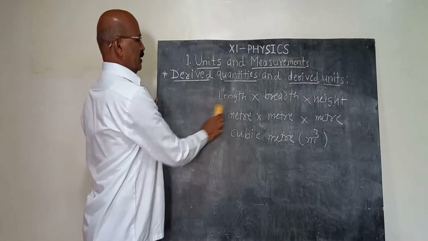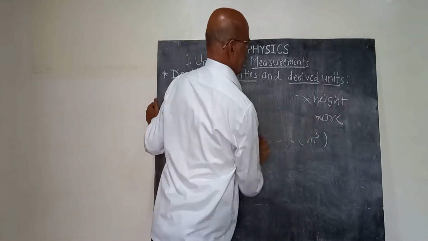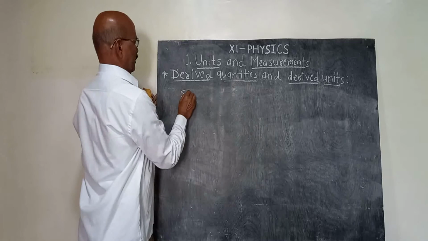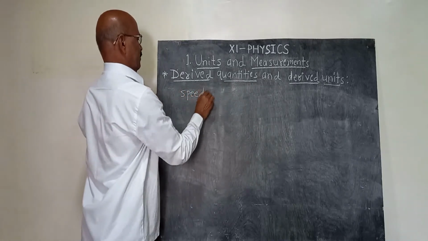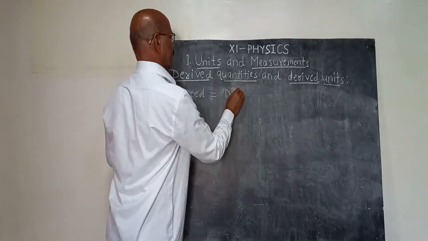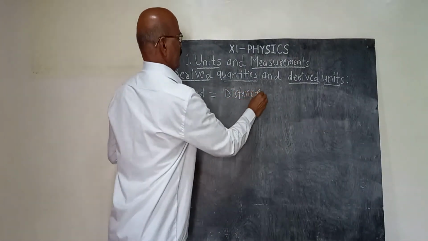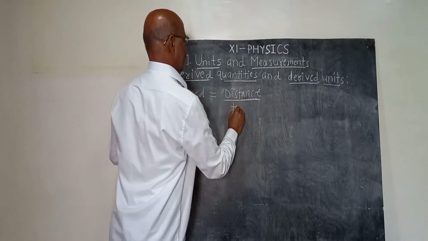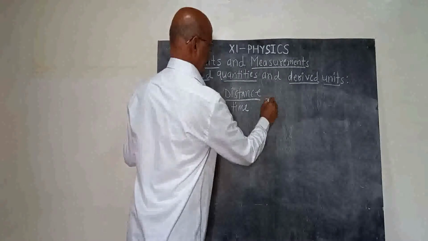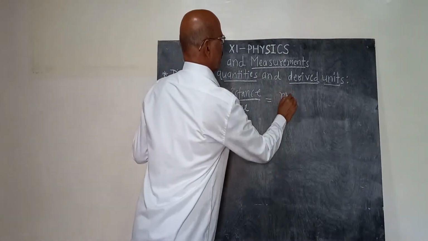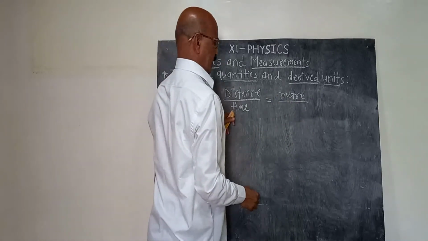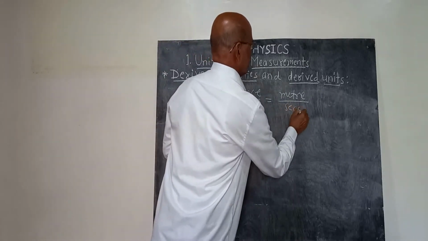Another example of a derived quantity is speed. Speed means distance divided by time. SI unit of distance is meter, and SI unit of time is second.